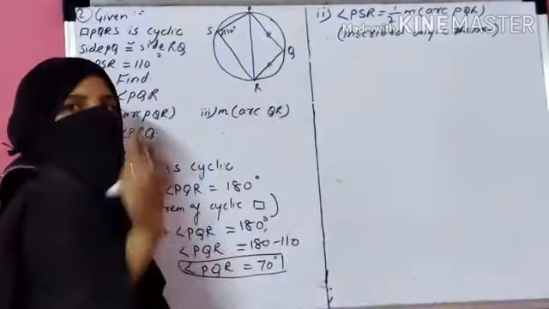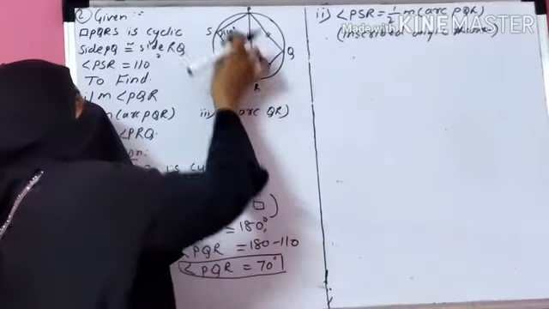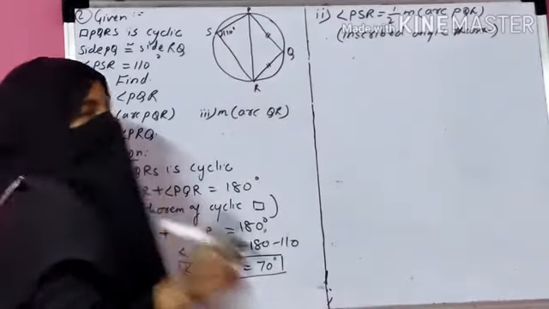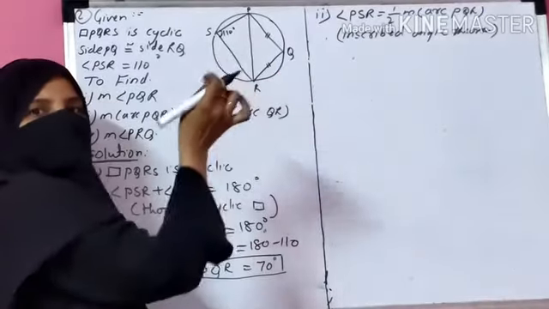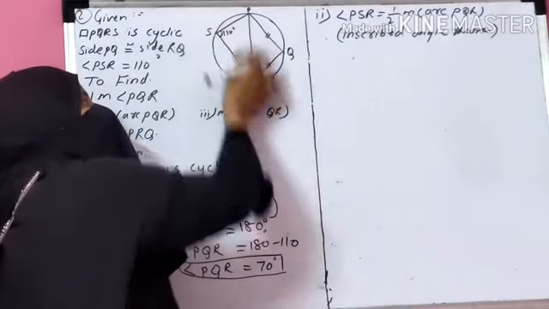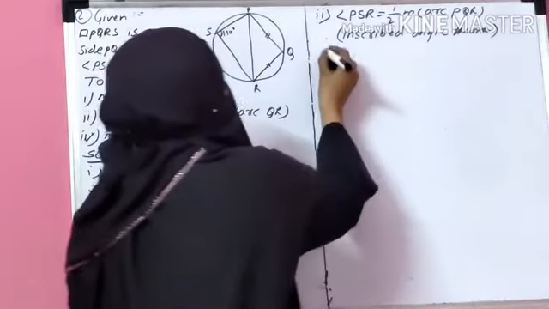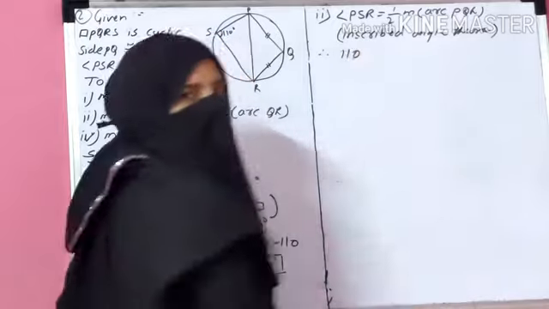An inscribed angle is an angle whose vertex lies on the circumference. So here angle PSR has its vertex on the circumference, so angle PSR is an inscribed angle and arc PQR is the intercepted arc. So an inscribed angle is half of its intercepted arc, that is the inscribed angle theorem. Now substitute the value. Angle PSR is 110 degrees.